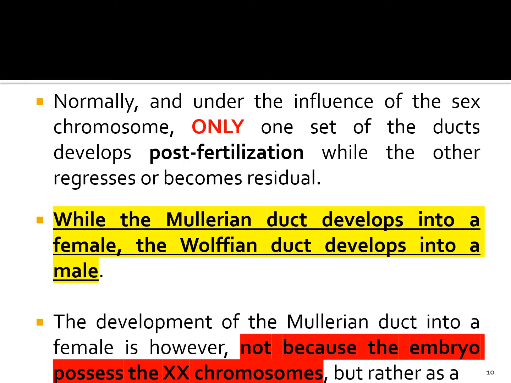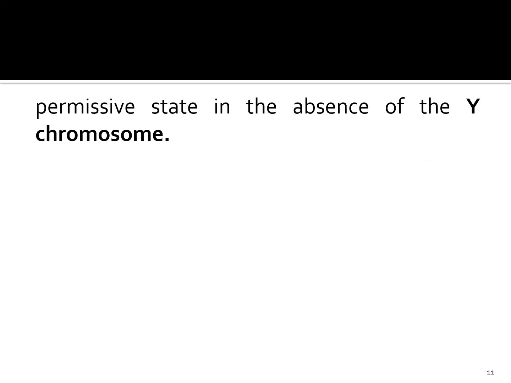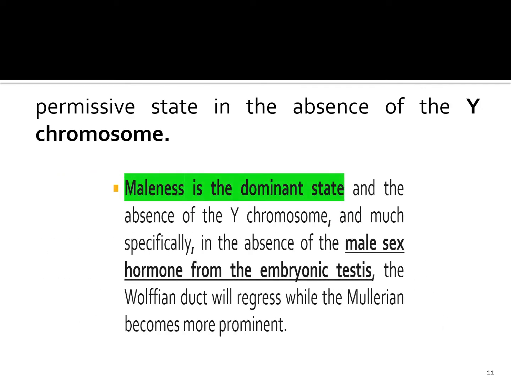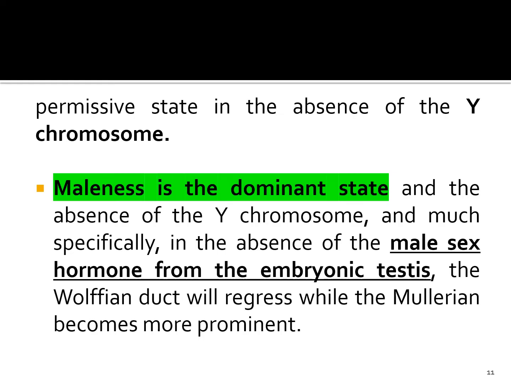And this development of the Mullerian duct, particularly into a female, is not because the embryo possesses the X and X chromosomes, but rather it is a permissive state in the absence of the Y chromosome, meaning that maleness is the dominant state.